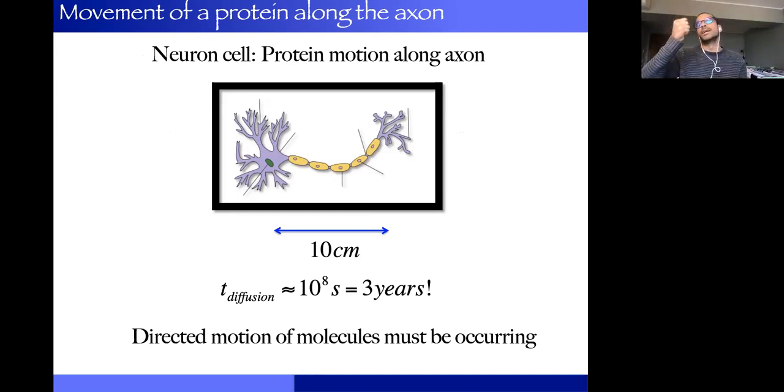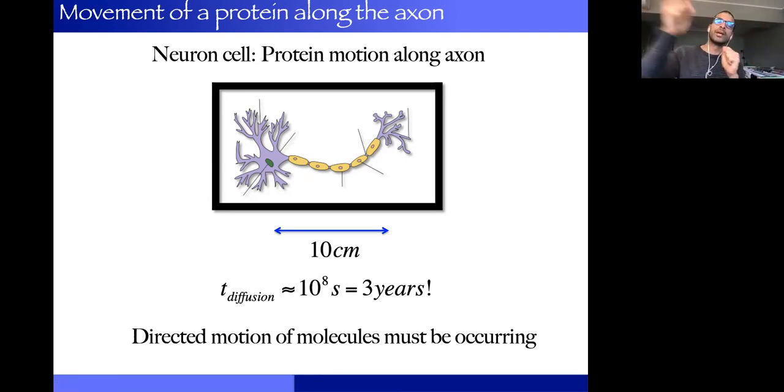In the body there are neuron cells, one of the longest cells in the body, and response to stimuli involves the marching of proteins along this tube-like object called the axon.